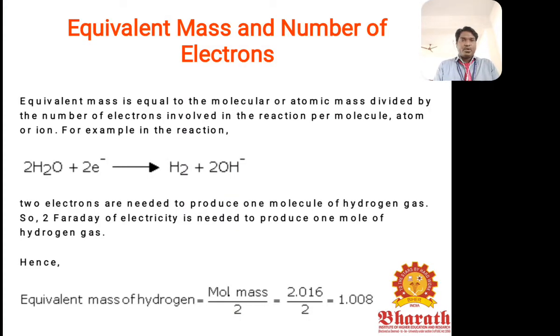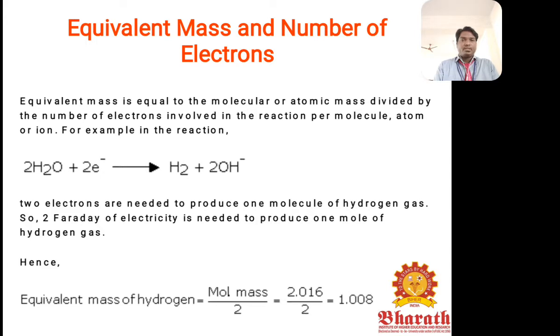What is meant by equivalent mass and number of electrons? Equivalent mass is equal to the molecular or atomic mass divided by the number of electrons involved in the reaction per molecule, atom or ion.